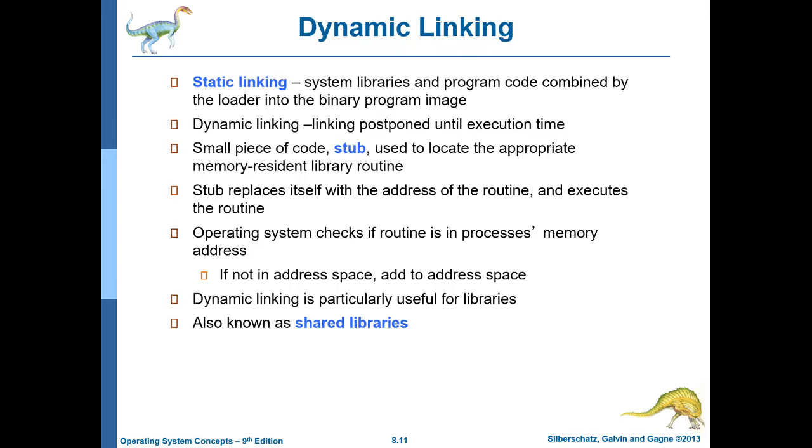So they are present in the operating system. When you load any program and it needs these libraries, a reference is made to the library by the program, and the library is included in the program for use by this program.